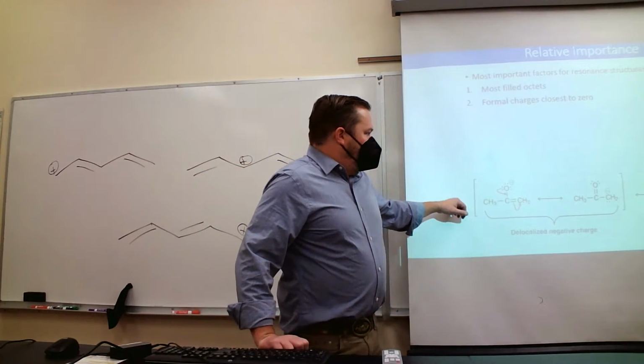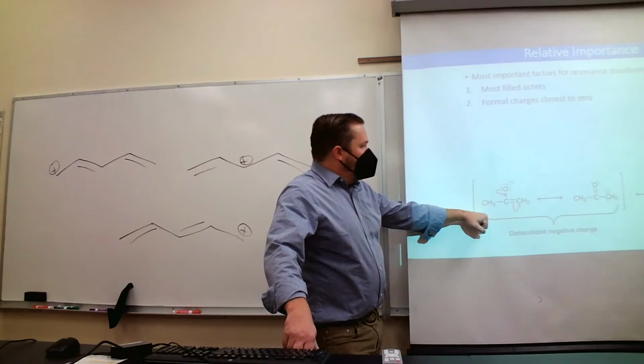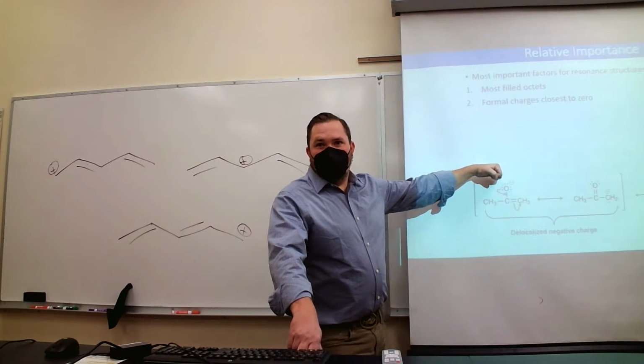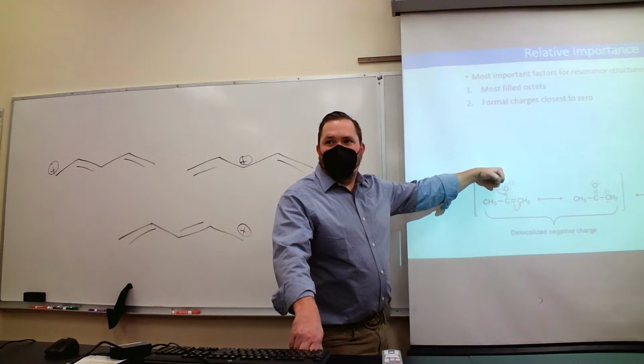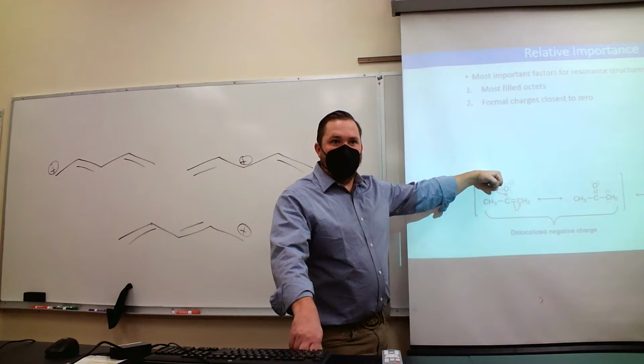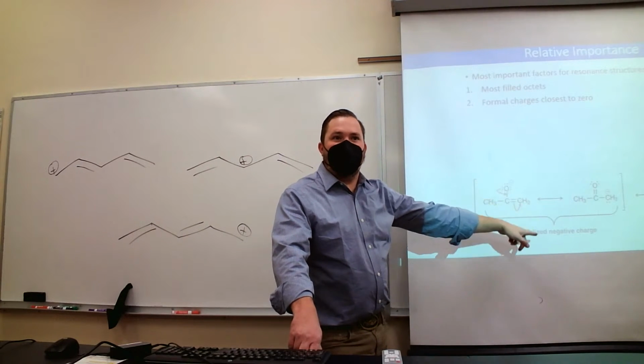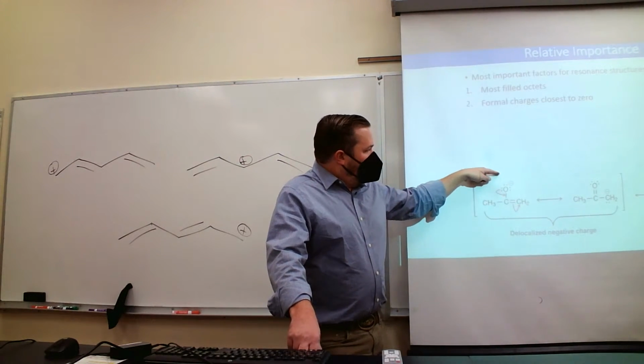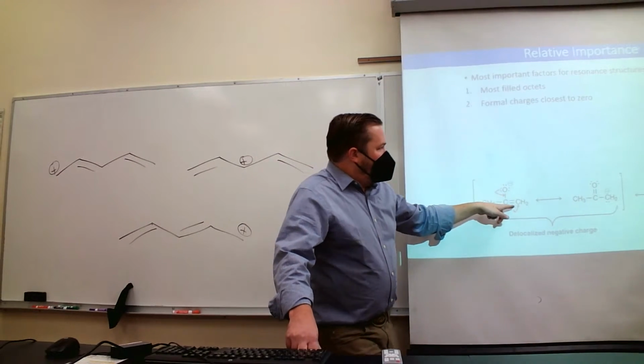Here's another case where, if we have something that has a negative charge, it can be what's called delocalized if you can move that negative charge around. If you have a negative charge adjacent to a pi bond especially, you can wind up moving that negative down.